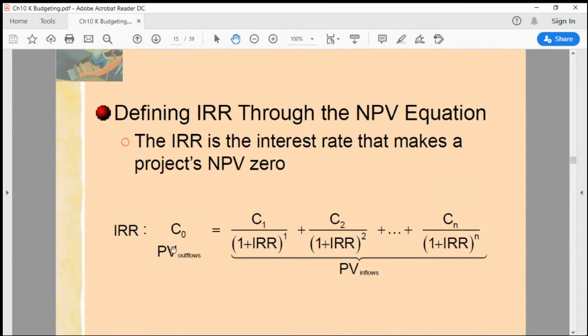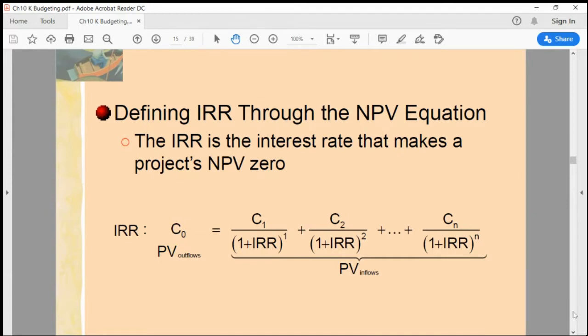And think about it. What is the left-hand side? That's the cash flow at time zero, which is basically the initial investment. And the right-hand side is what? The cash flows in the future, which are basically cash inflows, the cash flows that will be generated from this project, right?